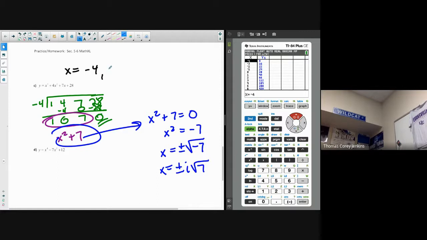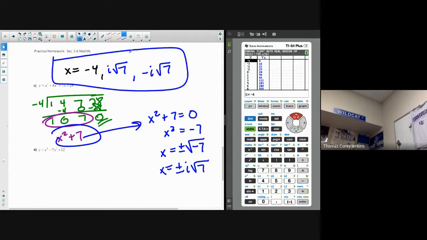So we have -4, we have i times the square root of 7, and we have -i times the square root of 7. 1, 2, 3 roots, 2 of which are complex or imaginary. That's why we didn't see them on the graph.